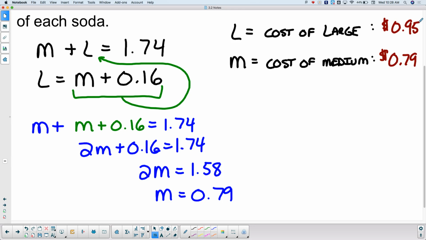Checking it, there's a 16-cent gap between them, yes. The large costs more, that's a good thing. Okay. And if I add those two, 95 cents plus 79 cents, I get $1.74. Okay. So it works out.